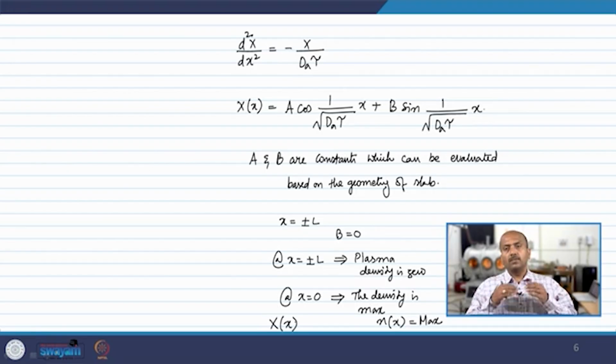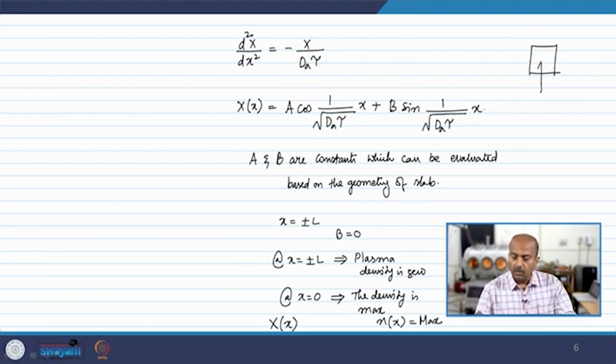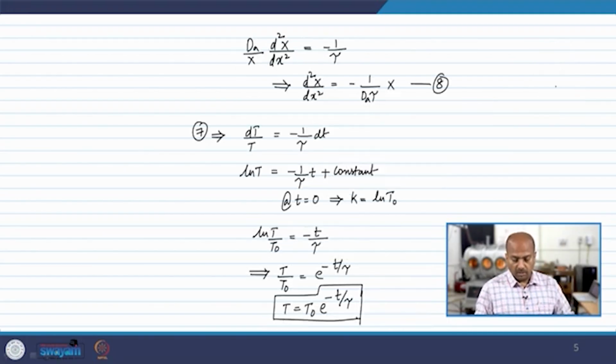So, the point is, in any given volume, the plasma density, because of the diffusion or the collisions, can change across the distance or with respect to time. Now, with respect to time, how does the plasma density change? You have realized it to be something like this, right.